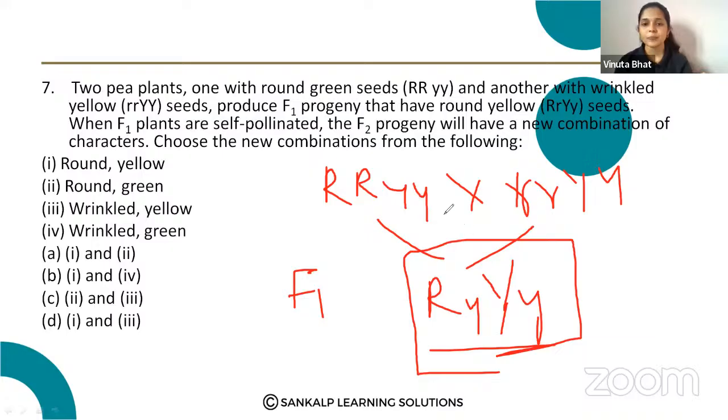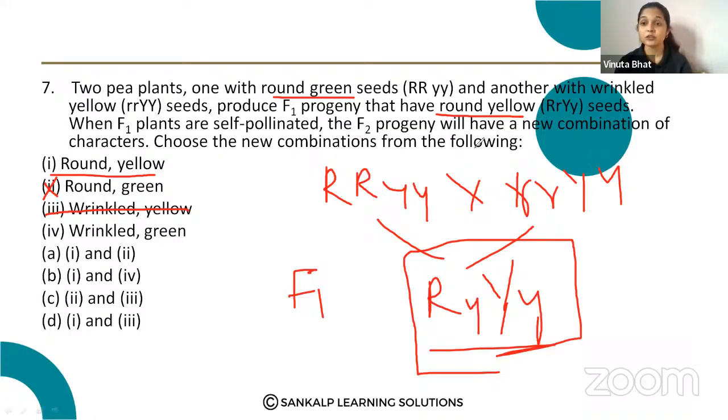Here, you have to find out the new combination. Round yellow is not a combination present in the parents, right? In the parents, you know that round green seeds are already present in the parental generation, and wrinkled yellow is already present in the parent generation.